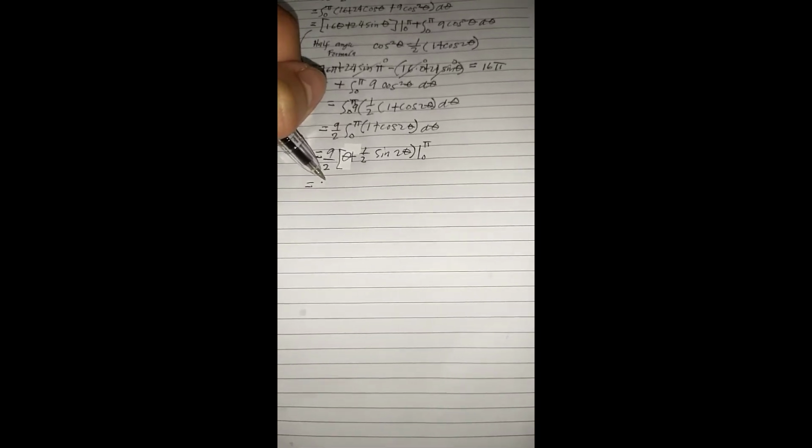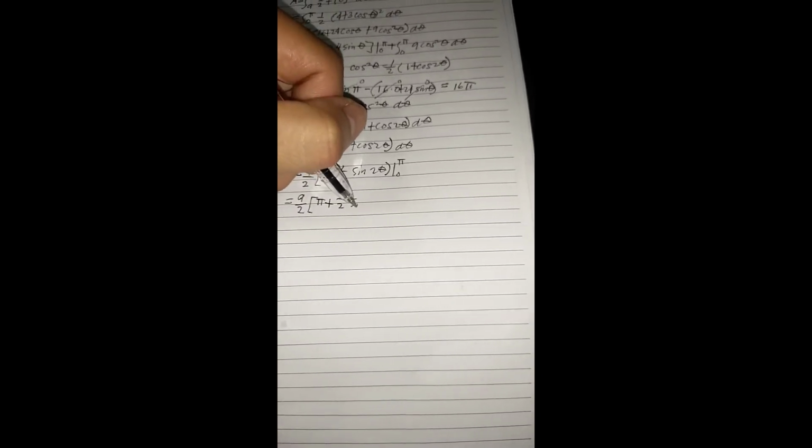So this is equals to 9 over 2 pi plus 1/2 sine 2 pi minus 0 plus 1/2 sine 2 times 0. So sine 2 pi is equals to 0. 0 plus 1/2 sine 2 times 0 is equals to 0.